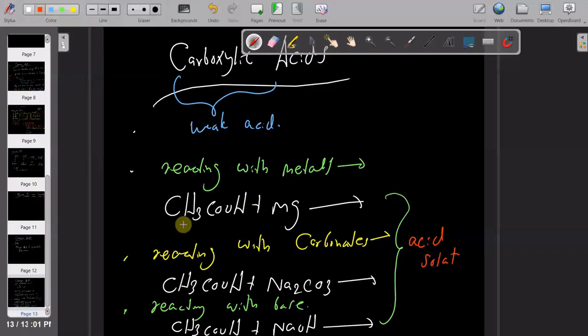But the other thing is, only in this case we get the water released, right? Here we got the hydrogen gas released, and here carbon dioxide gas released.